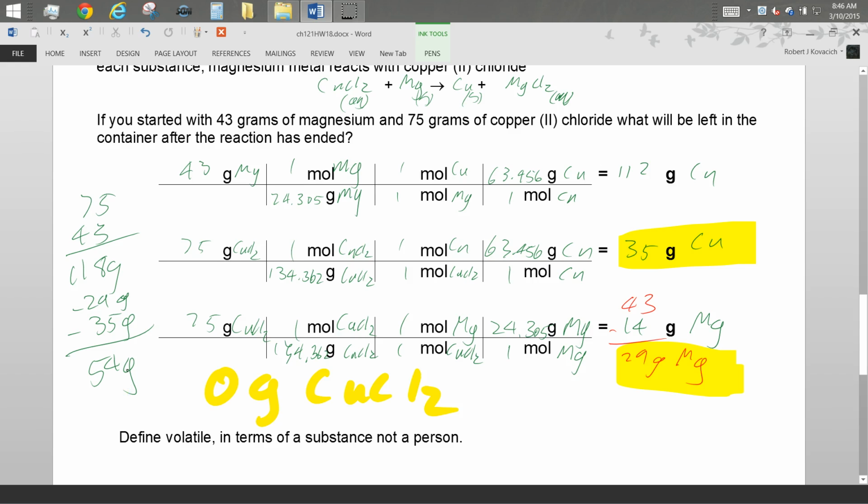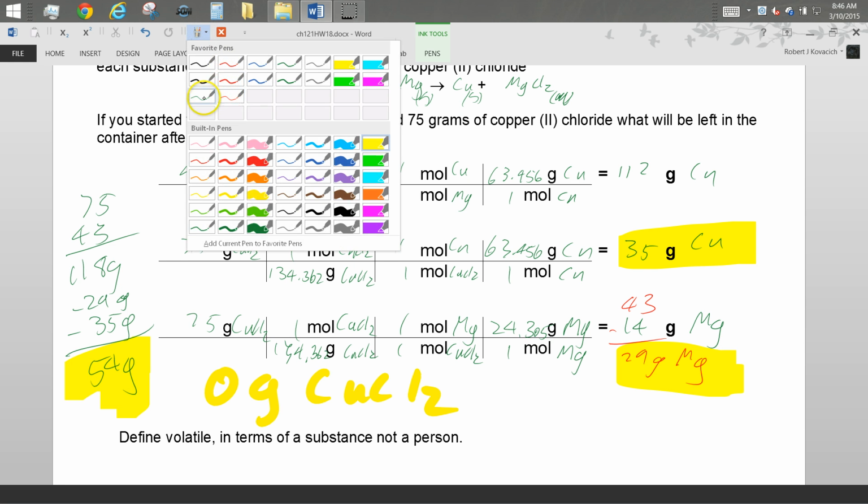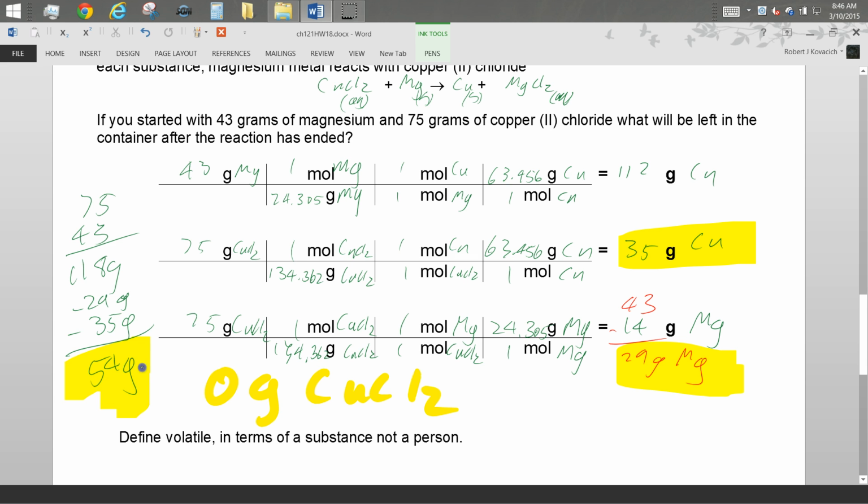So that leftover 54 grams of mass must be my magnesium chloride. Everybody good with that? Okay.